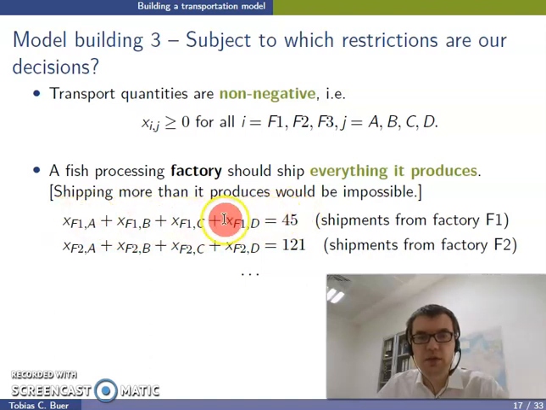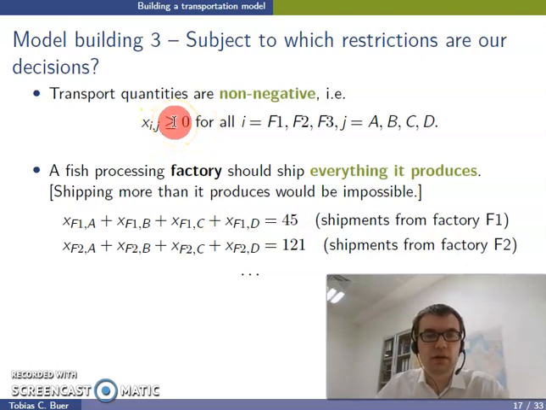And if we add up these decision variables, it should be 45. Of course, all these constraints have to hold together, so this constraint forces us to use numbers that are 0 or bigger, and this constraint forces us to use that the outflow of factory F1 equals 45 units. It cannot be bigger than 45, and it cannot be smaller than 45.